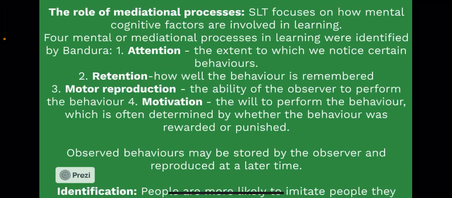But if we're not paying attention to the behaviour initially, then we're not going to repeat that behaviour. So it can explain why sometimes people do not imitate the behaviour even though everybody is exposed to the same behaviours, in a classroom, for example.